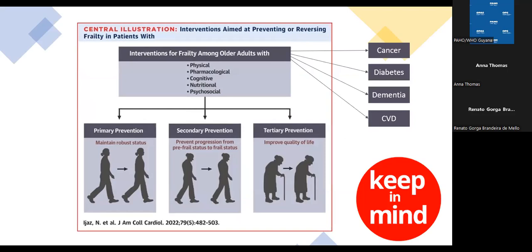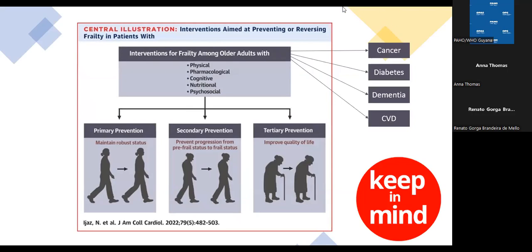Here is an illustration showing us that we have to go beyond treatment for specific diseases like hypertension or diabetes or preventing stroke, secondary prevention for stroke.